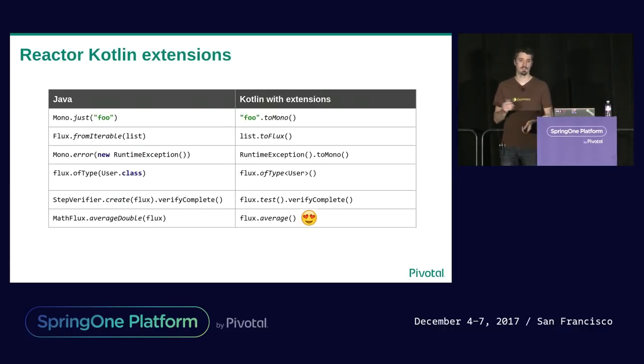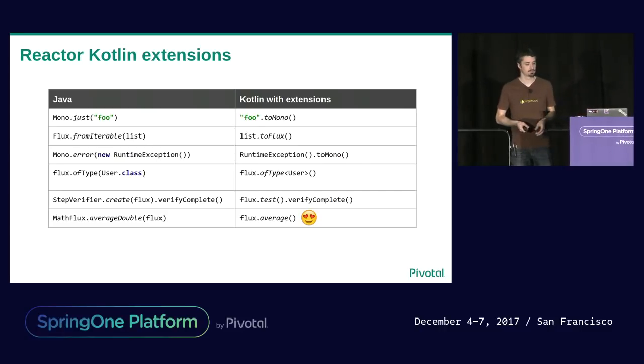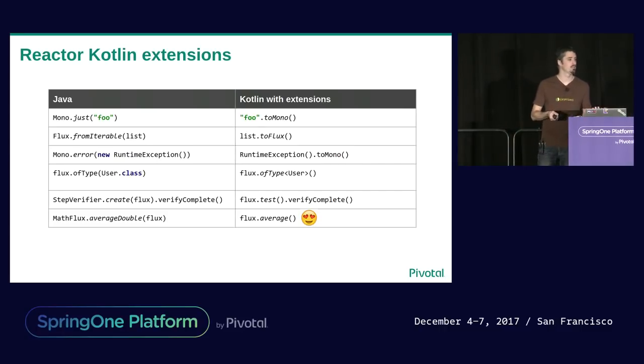So I said previously that Reactor provides Kotlin support. At the left, you can see the Java version: for example, to create a Mono from a string, we write Mono.just("foo"). That's similar to what you have in the reactive extensions world. In Kotlin, you can just write it like in Java, but you can also write it with an extension.